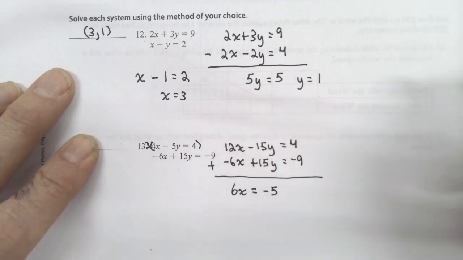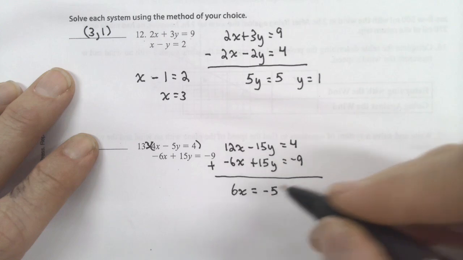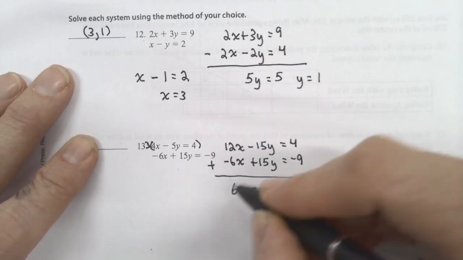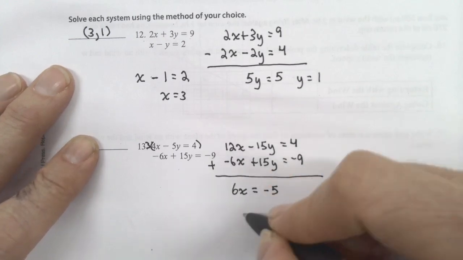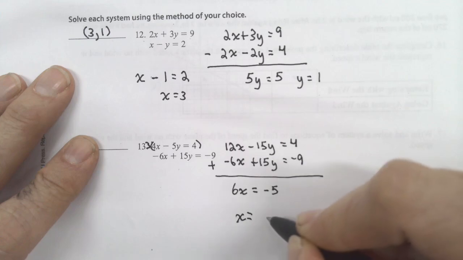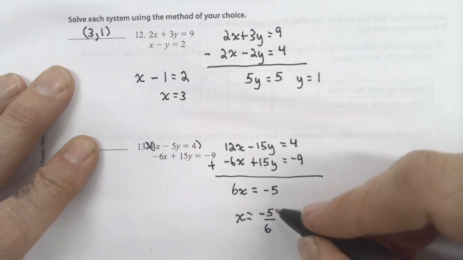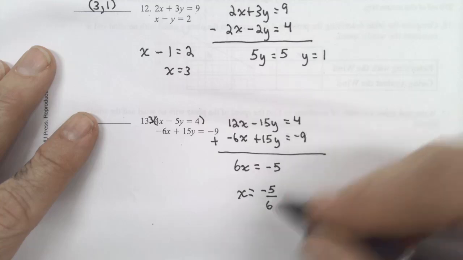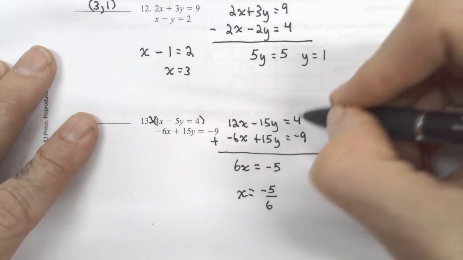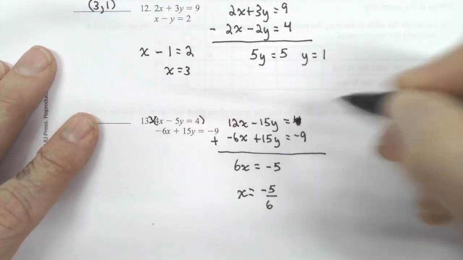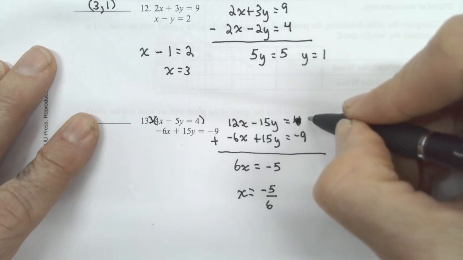Okay, so I'm going to divide both sides by 6, and I will get x equals -5 over 6. Oh, you know what? I just looked at something. That's not good. I didn't multiply the 4. Some of you are probably watching this thinking, hey, 4 times 3 is not 4, it's 12.